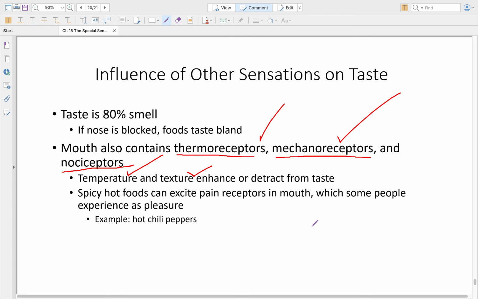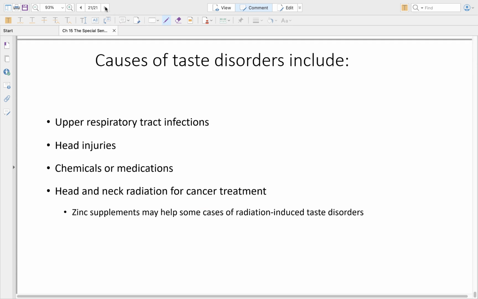There are some people who experience pleasure from spicy food, so it just depends on the individual. But for the most part, most people, when they eat spicy food, it excites your pain receptors, and that's why it hurts. That's why it burns.